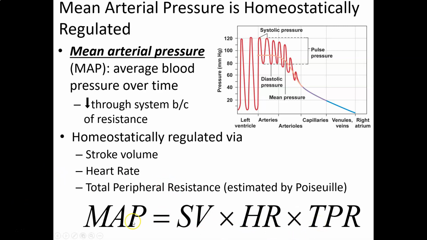This is one of the most important equations we do this semester, and we'll look at how this mean arterial pressure is homeostatically regulated through stroke volume, heart rate, and TPR. All right, so that'll be our next video.